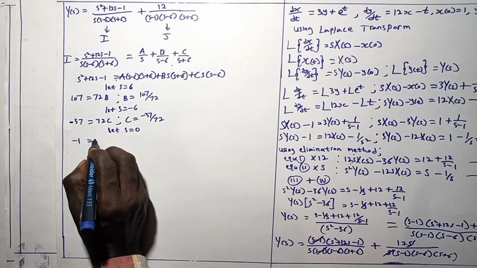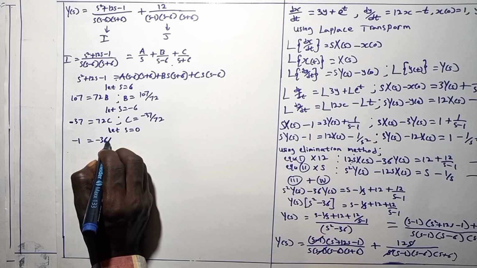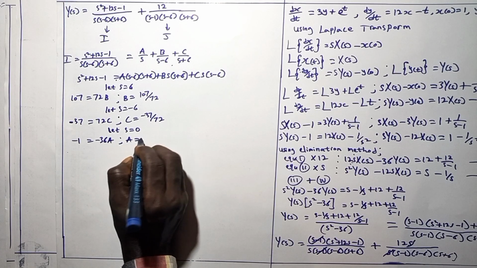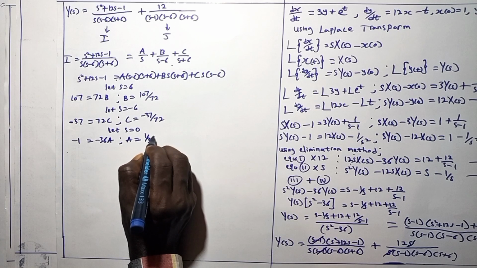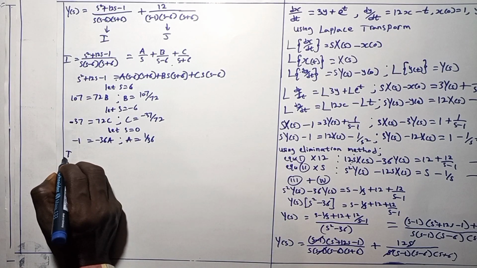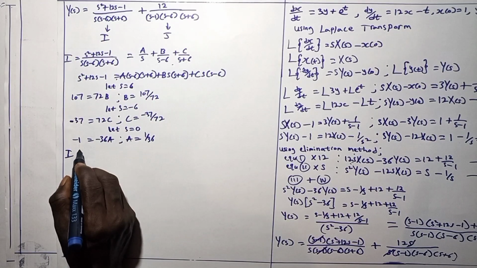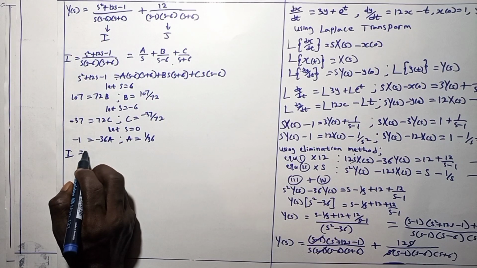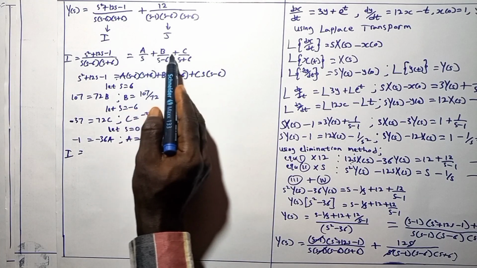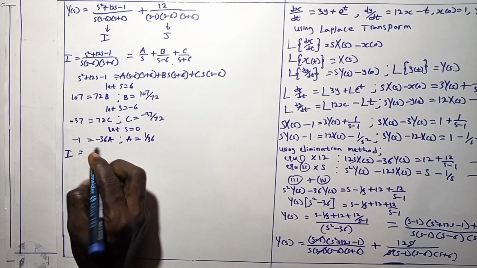So we have minus 36A. So now A becomes 1 over 36. So our I, this fraction I, after splitting into partial fractions, we're going to be having this. So now I've gotten A, B, C. Let's insert the values so that we have our I.